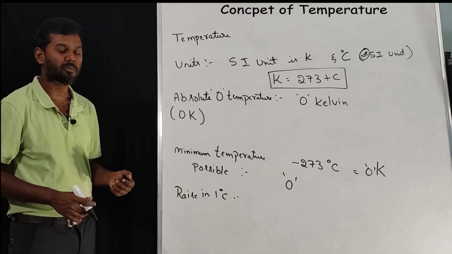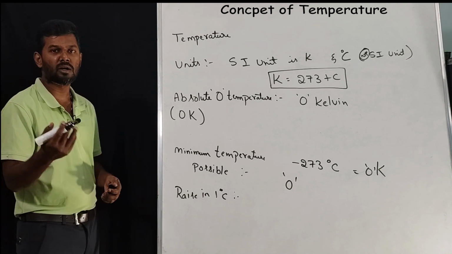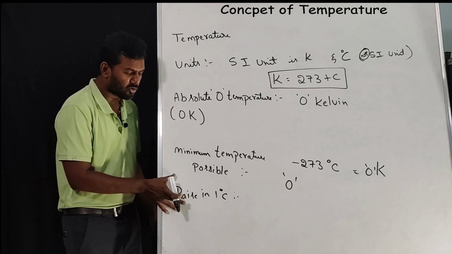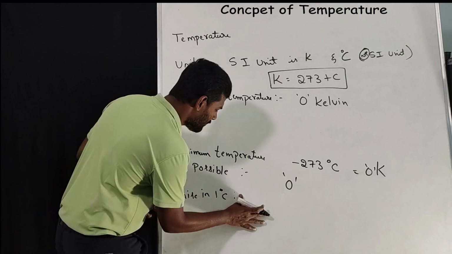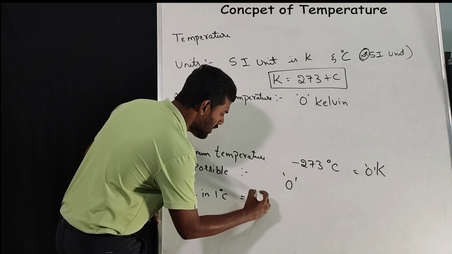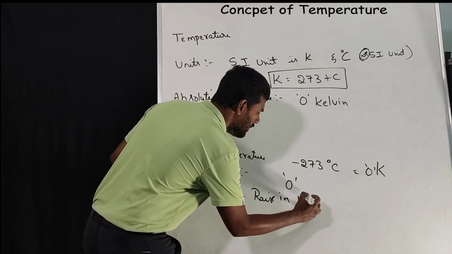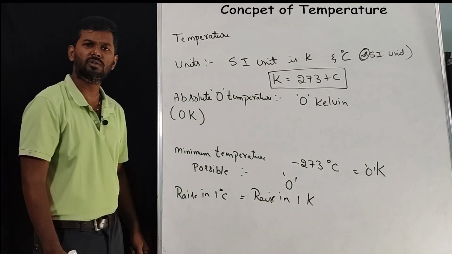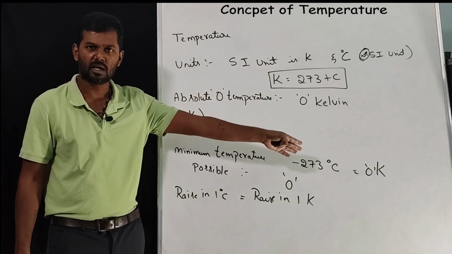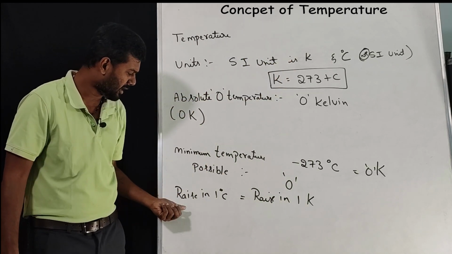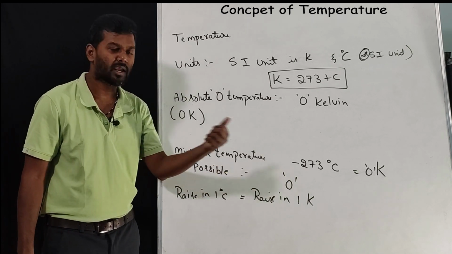Next, a rise in 1 degree Celsius. This is very much important because based on this one only we are going to solve many numericals and many theory questions, and you need to know the reason also. Listen, a rise in 1 degree Celsius is equal to a rise in 1 Kelvin. How is this possible? Kelvin is equal to 273 plus degree Celsius, but I am telling rise in 1 degree Celsius equals rise in 1 Kelvin.